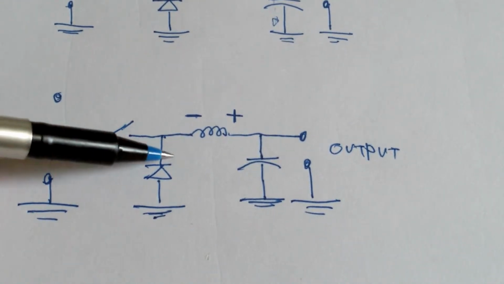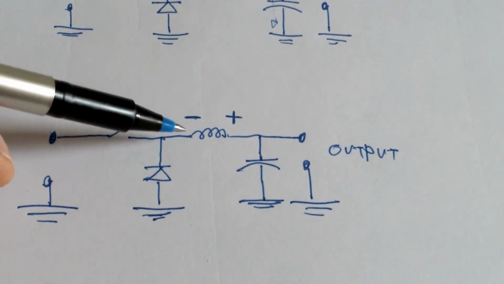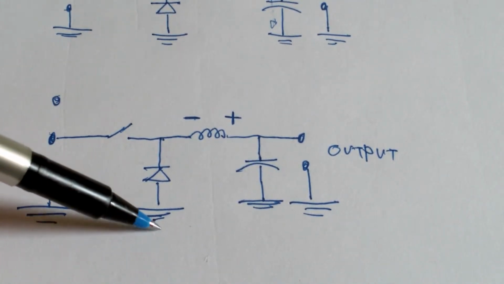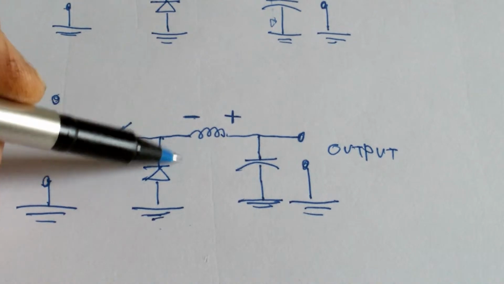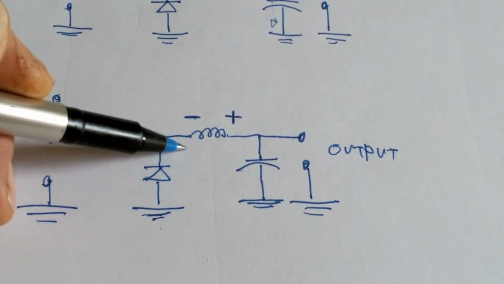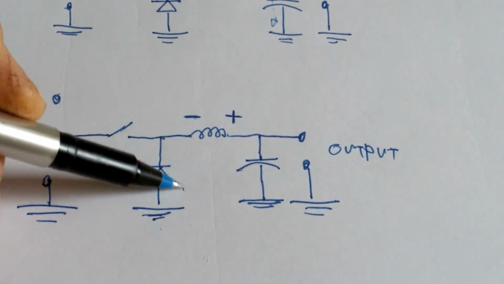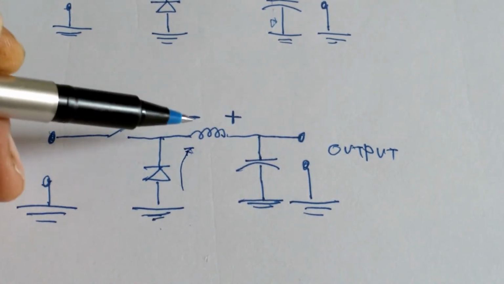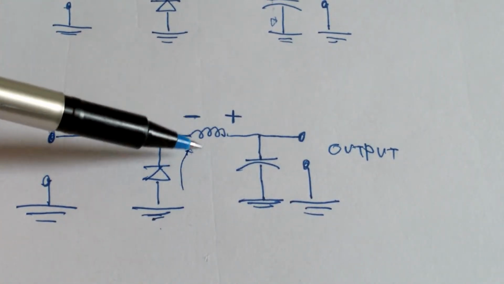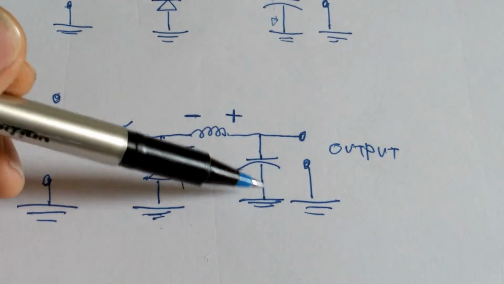And what is the purpose of this diode? It is that your negative will have access to the ground, like this, and at the same time you are going to discharge to your capacitor.